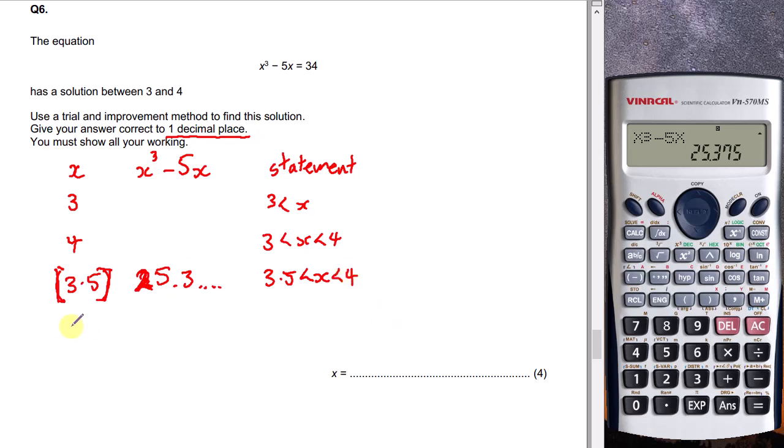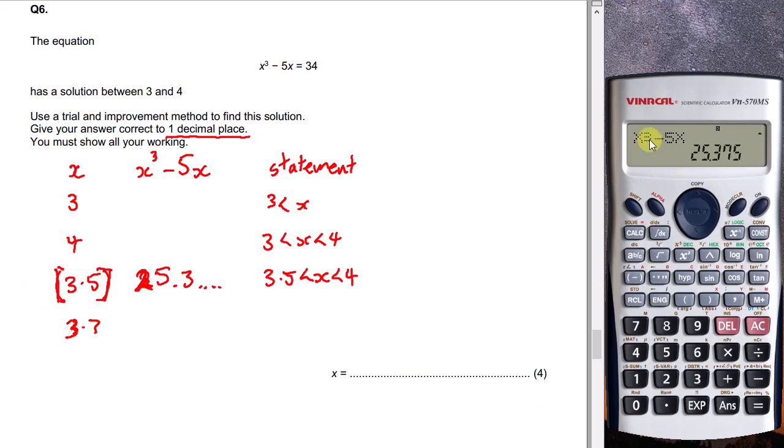Try another number. So these numbers, whichever ones you try, are up to you, but you must have numbers which go either side. So let's try 3.7.